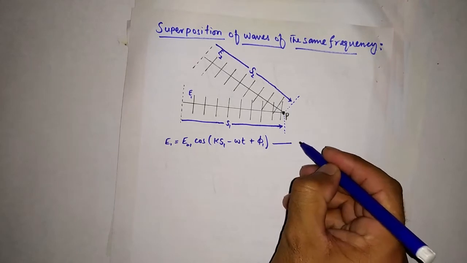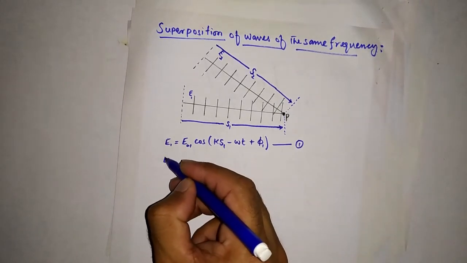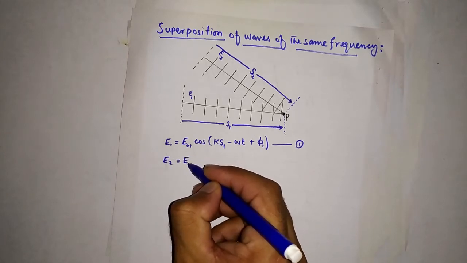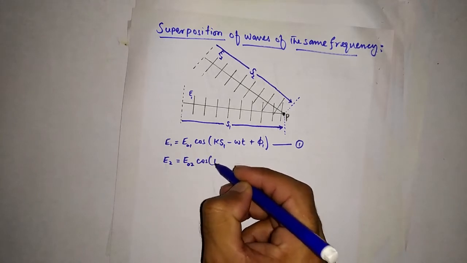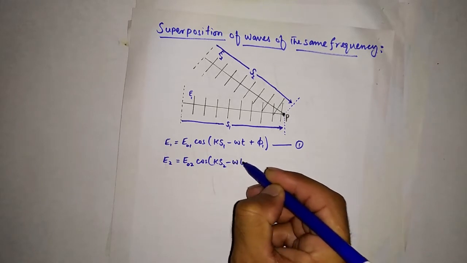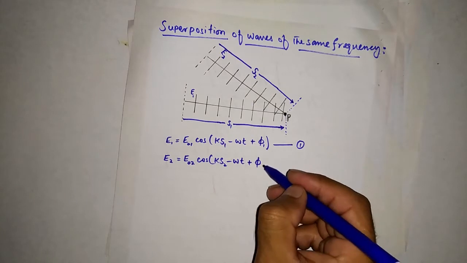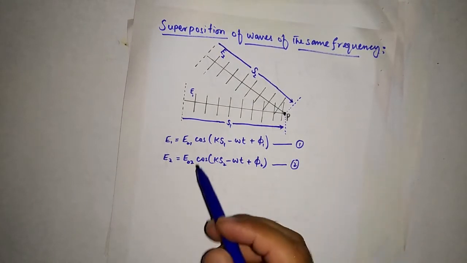This is equation number 1. And for the second wave, E2 is equal to E0 2 cos of k S2 minus omega t plus phi 2. This is equation number 2.